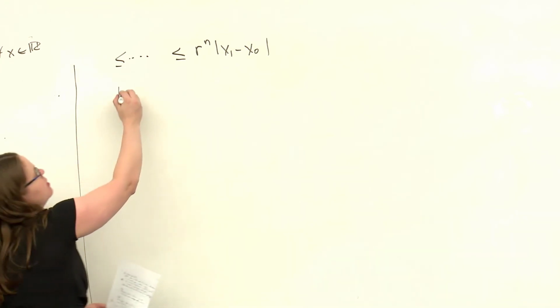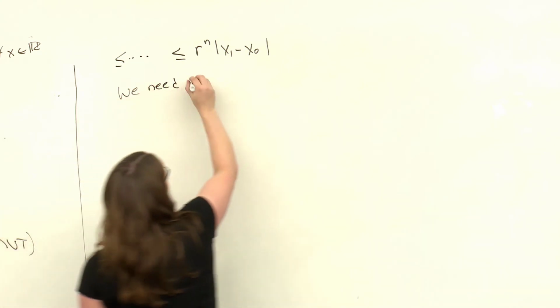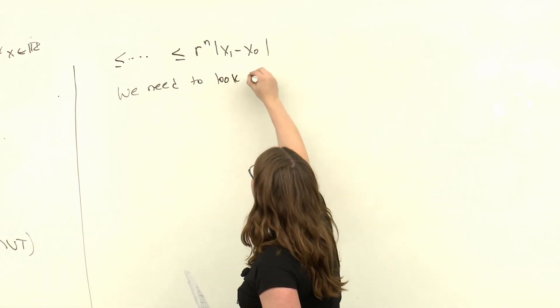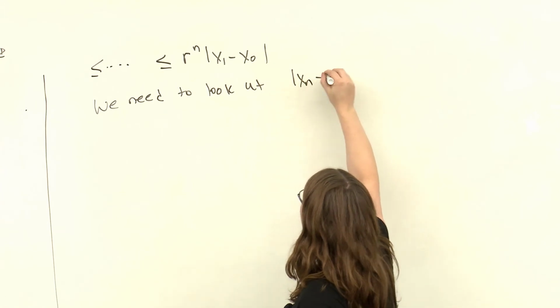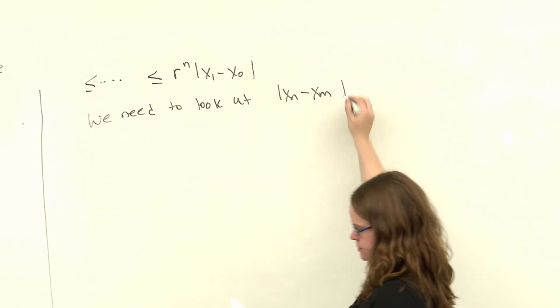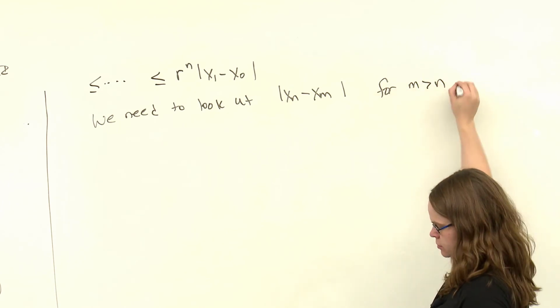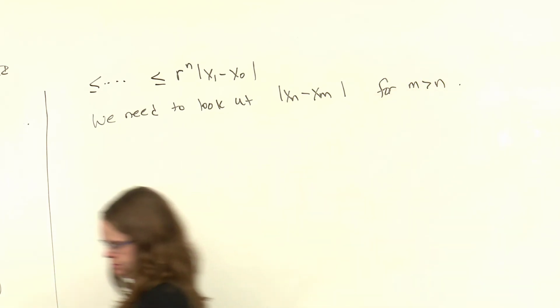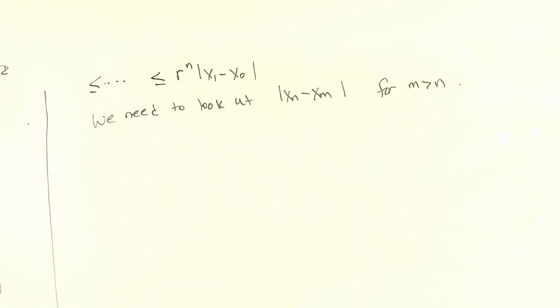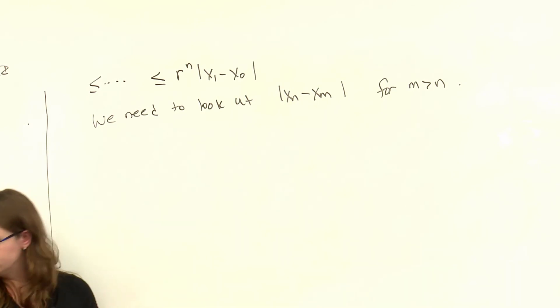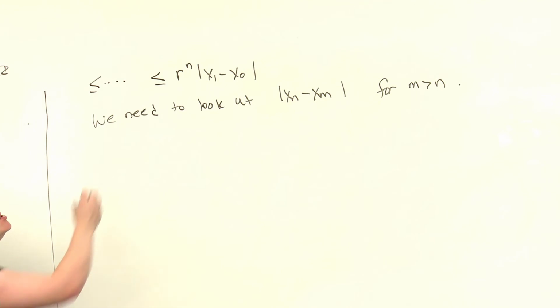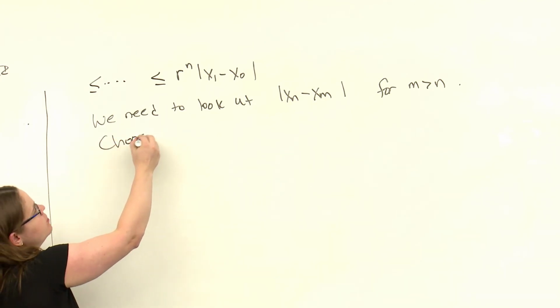So what we need to look at is xn minus xm in general, let's say for m bigger than n. We're doing Cauchy sequences, we're doing convergence, so we should have an epsilon.